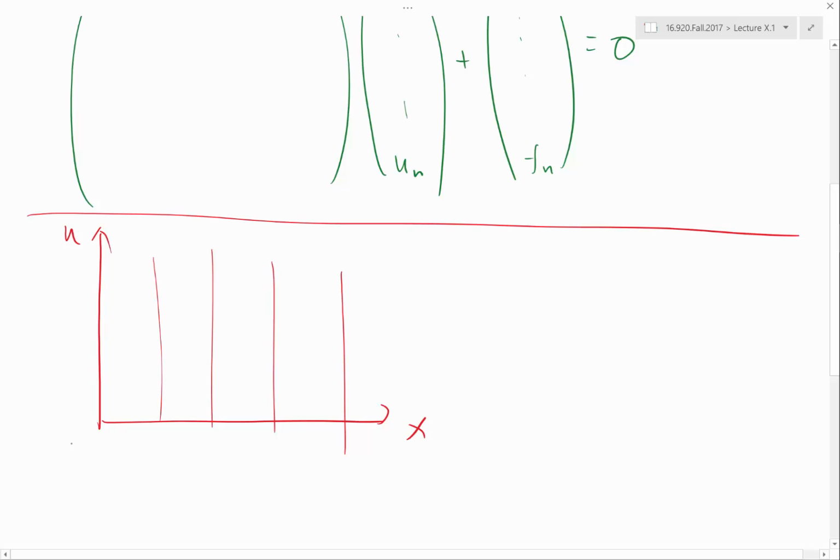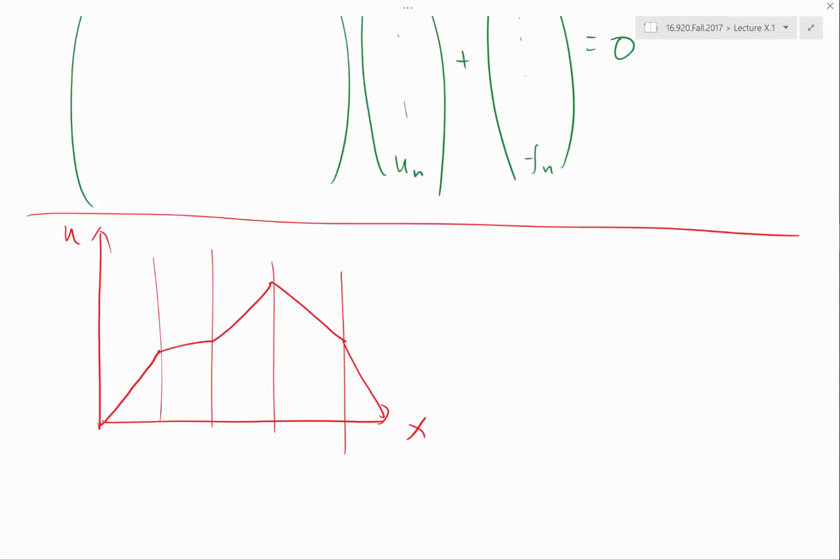So if you have piecewise linear functions, and they have to be continuous, you approximate your function using the closest function that lives in that space. All right, and closest in some sense. And then we are going to be representing that function as a linear combination of basis functions.